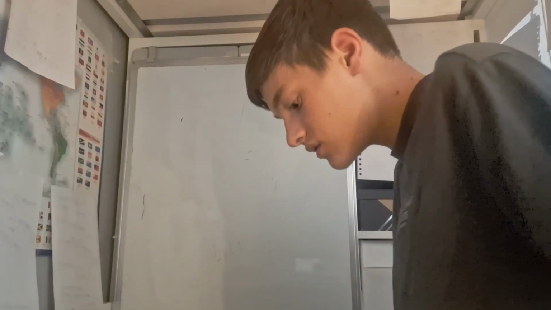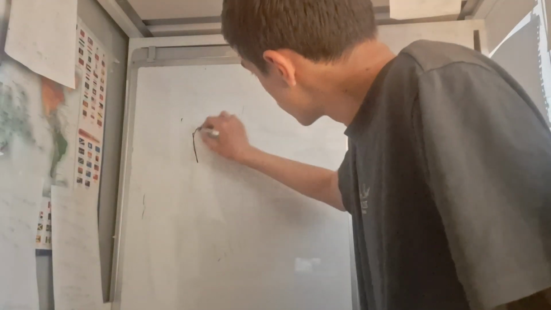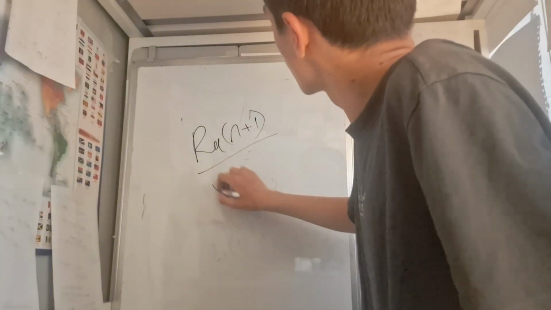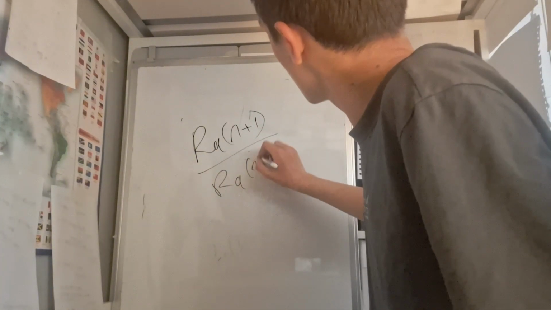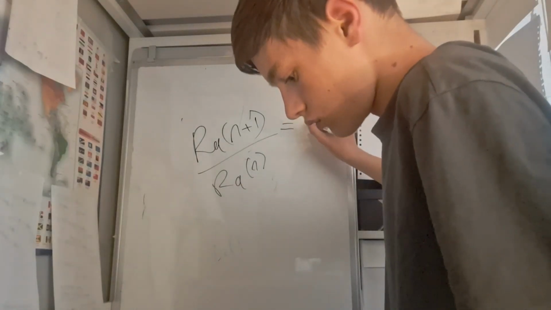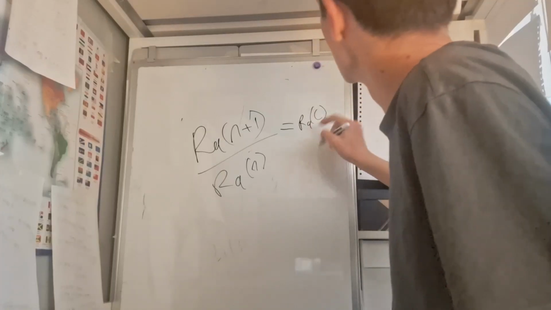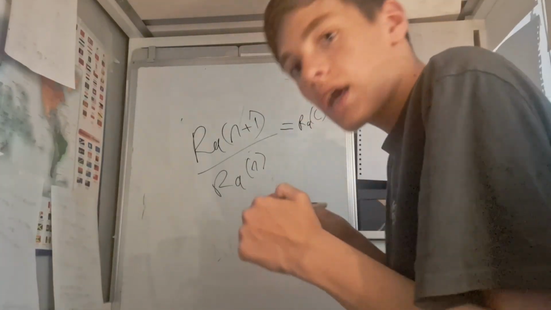It's really weird, it converges. I do know that as n tends to infinity, R of A n equals some R of A constant.